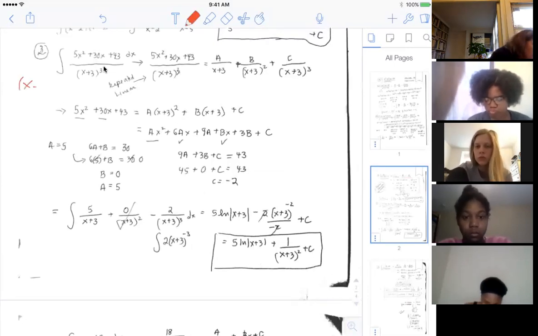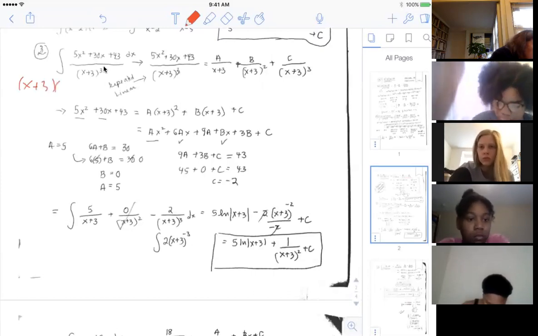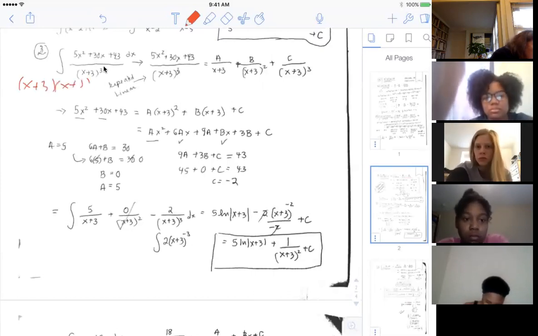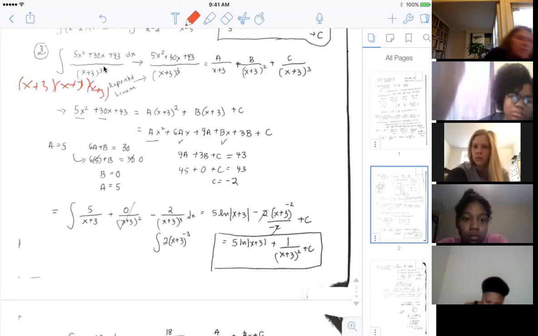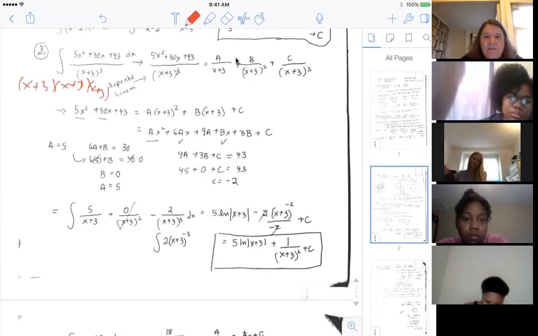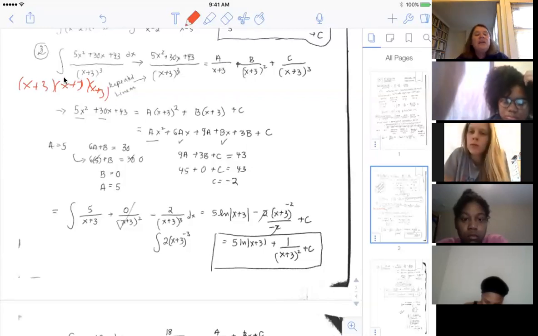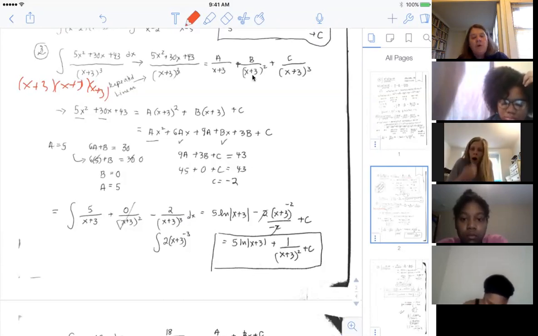And that just means basically that we could have a common denominator that had an x plus 3, an x plus 3 squared, and an x plus 3 cubed. So if you see these repeated linear factors, just start with one and step up on every succeeding fraction to the highest power.